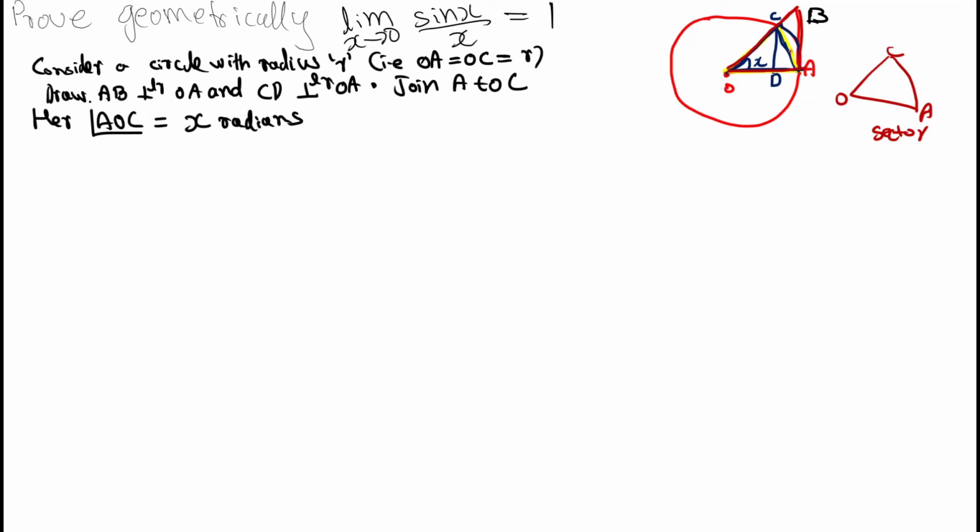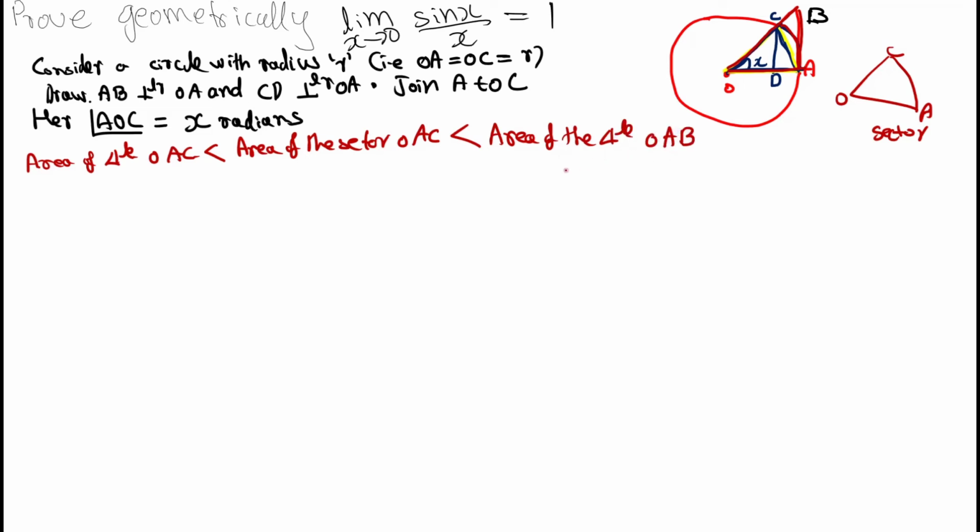Since the triangle OAC lies inside the sector, I can write that area of the triangle OAC is strictly less than area of the sector OAC. Also we can observe that this sector lies inside the right angle triangle OAB. So area of the sector is also less than area of the triangle OAB.